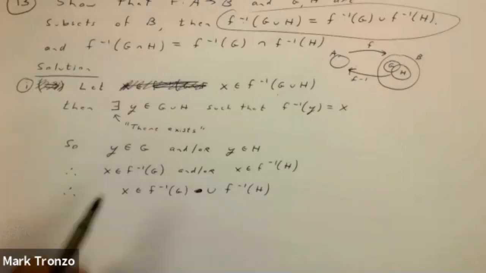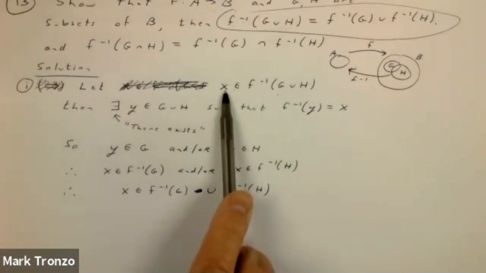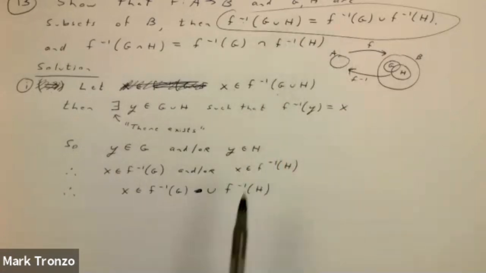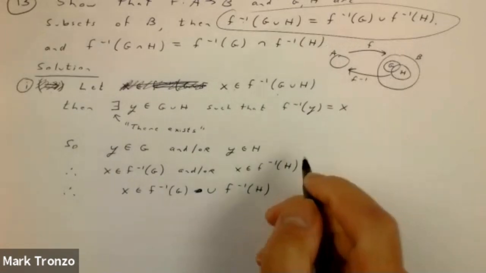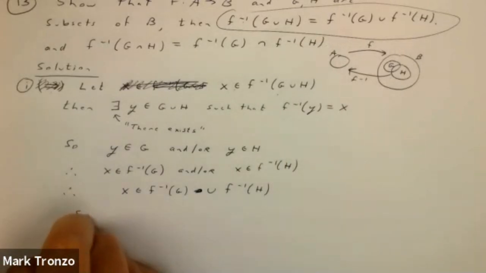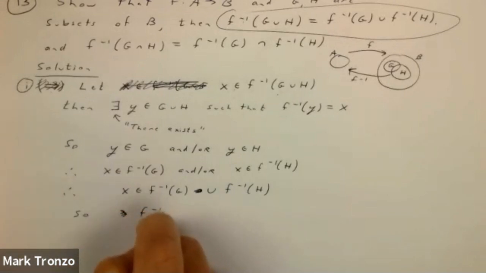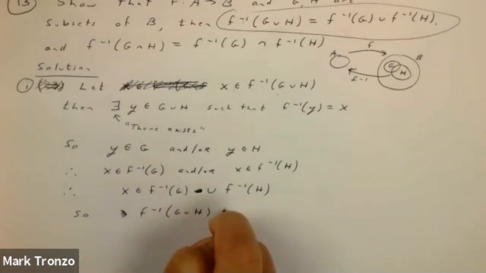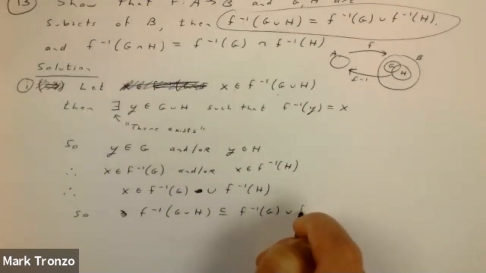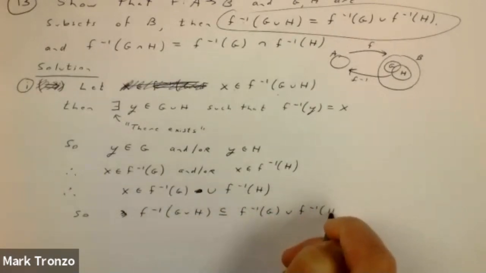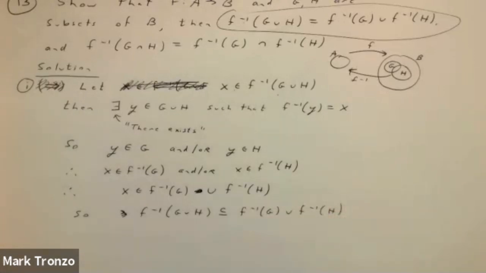And so we've picked something over here in the left-hand set and proved it was in the right-hand set. So far we have F inverse of G union H is a subset of F inverse G union F inverse H, like that.